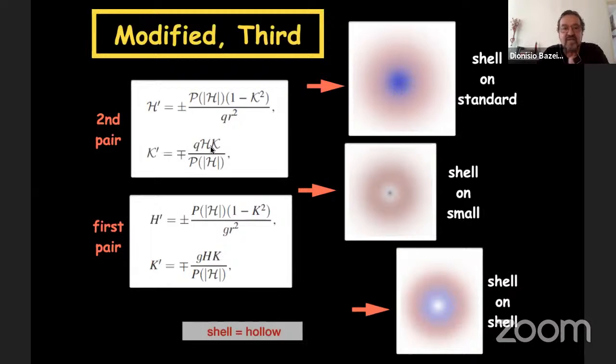Okay, so the second pair of first-order differential equations controls the standard monopole, the small monopole, or the hollow monopole. And the other field, we control it by adding the red part of the solution, which is the bimagnetic solution. There is a magnetic property represented here by the blue color, and the other magnetic property represented here by the red color. Okay, this is all I have to say.